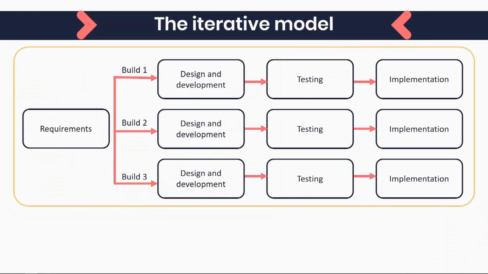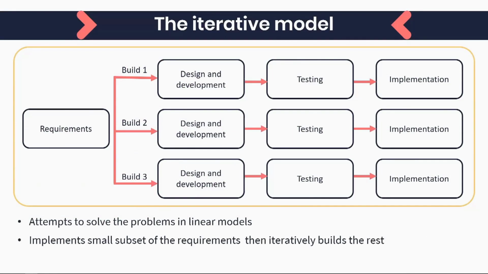The iterative model, as can be seen in this diagram, attempts to solve the problems that are encountered in the other two linear models by implementing a small subset of the requirements, then iteratively builds the rest of the package until all the requirements are met.